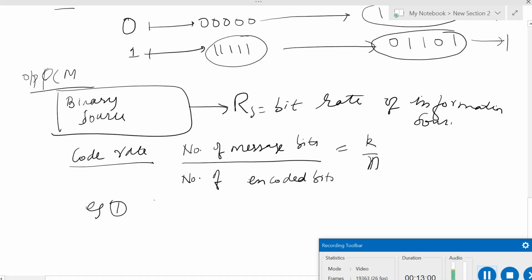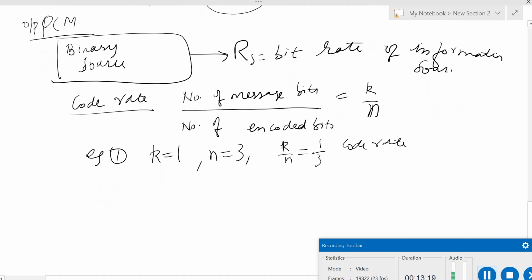Suppose in the first example k was 1, you were choosing one message bit, and n was 3, so k by n, the code rate, is 1 by 3. So what is the overall rate? The overall encoder rate will be RS divided by k by n. This we call R naught, or n over k times RS.